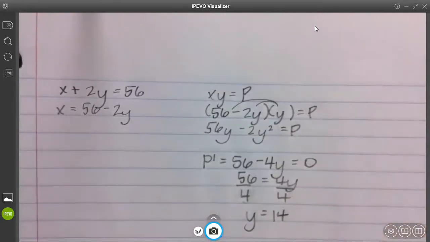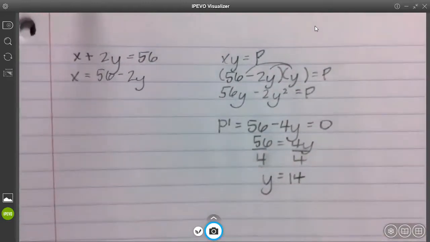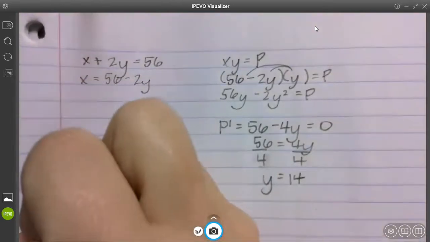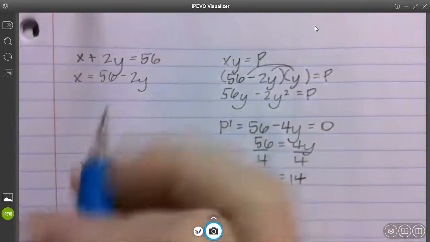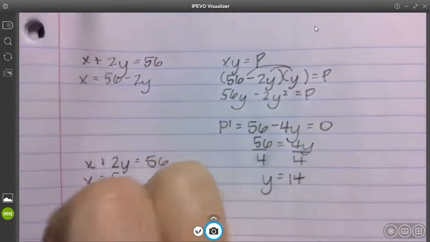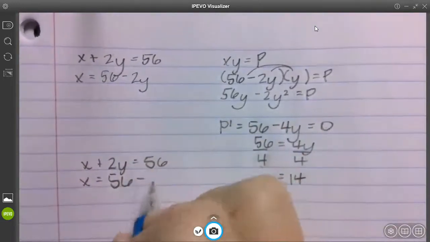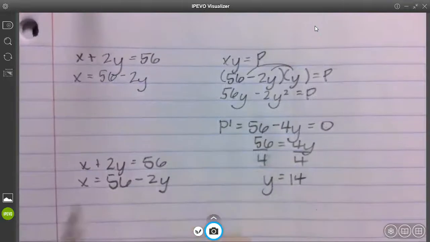So if you guys look at all of your answers, there's only one that has the 14, but if you want to go ahead and find those, just in case your test does that, remember you can plug it back into the original equation. So we have x plus 2y equals 56. We solved that so that x equals 56 minus 2y.